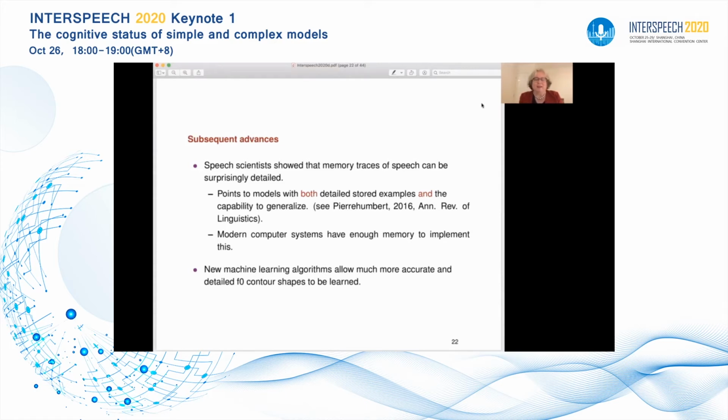And in some cases, the contour shape was not that great, not very natural. But with new machine learning algorithms, it is possible to learn much more accurate and detailed F0 contour shapes that are, in effect, summarizing facts about speech motor control that we had no way of getting at previously.